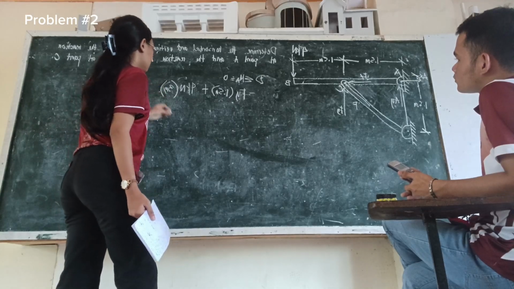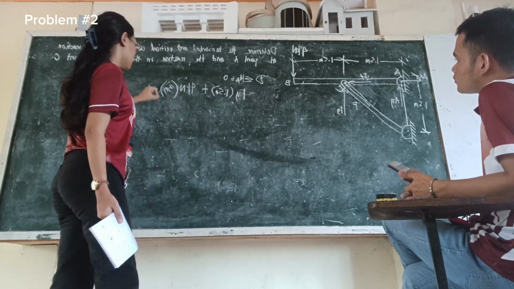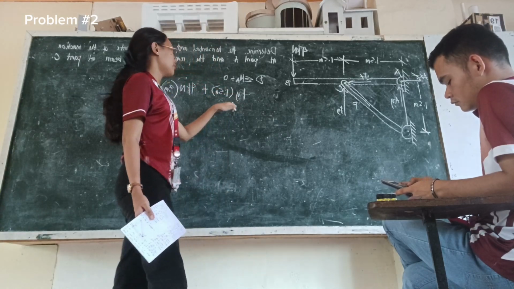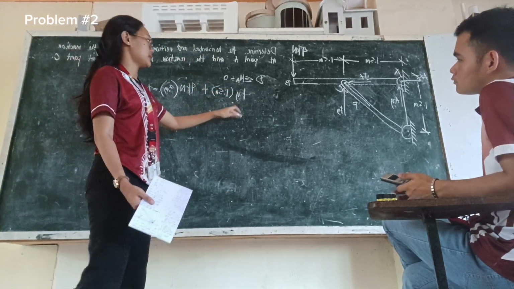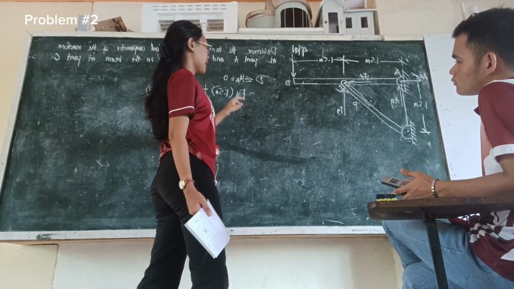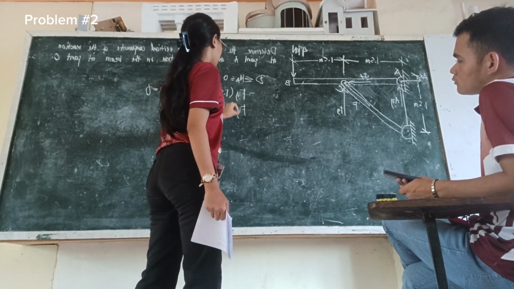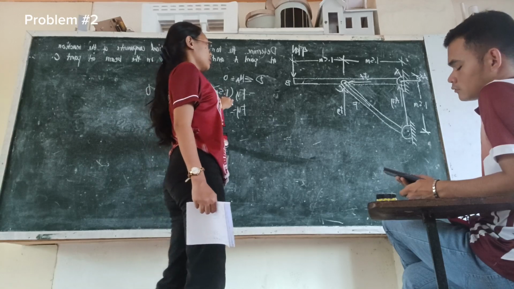So that is equal to 0. To get the value of Fy, all we have to do is isolate Fy, so negative Fy will become positive.